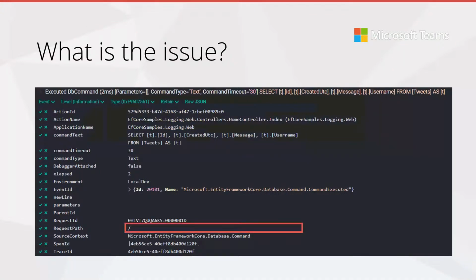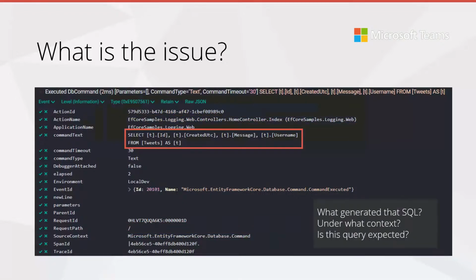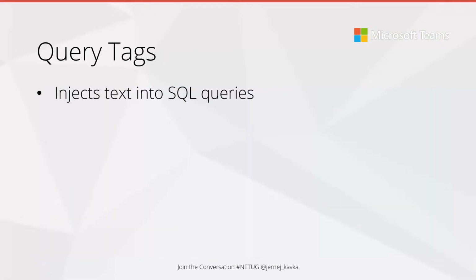Well, we know where it's been called from. We know the action name. But do we actually know where it's been executed? Imagine that this index controller is really, really big. You have a lot of code. Does this actually give you enough information to find out where this SQL query comes from?